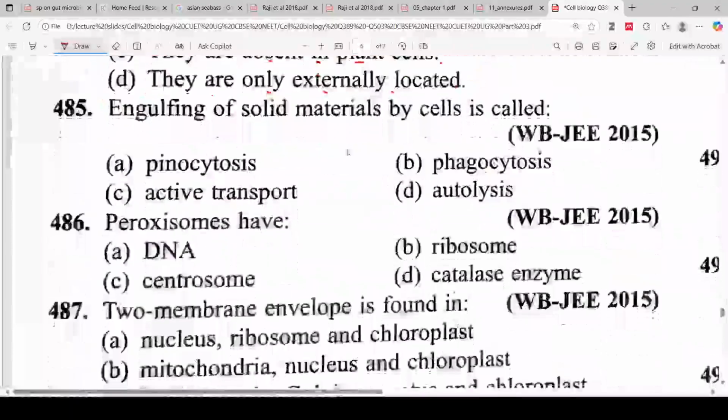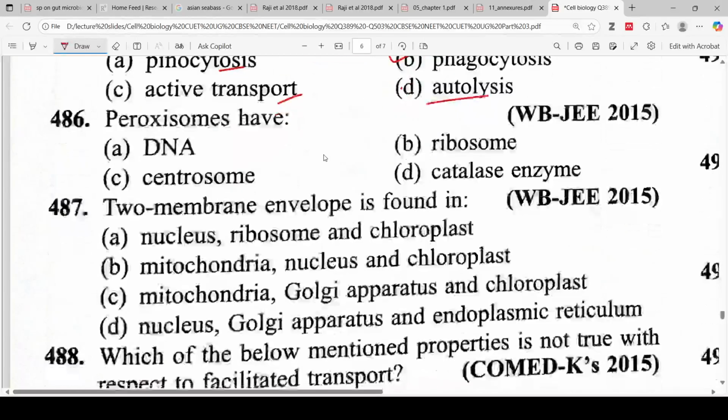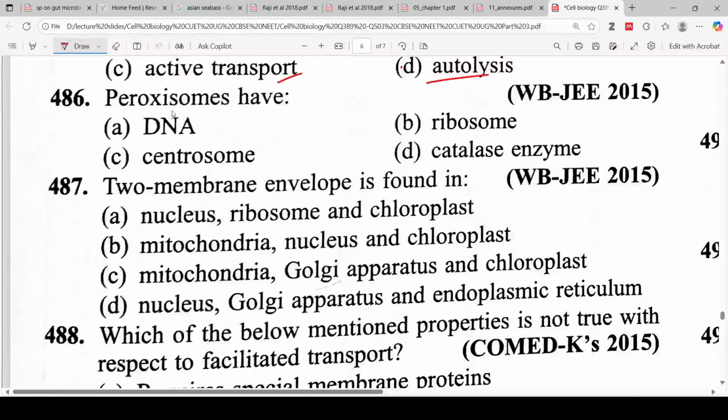Next question, engulfing of solid materials by cell is called pinocytosis, active site, autocyte, autolysis, and phagocytosis. Phagocytosis will be the correct answer. Peroxisome have DNA, centrosome, ribosome, catalase enzyme.